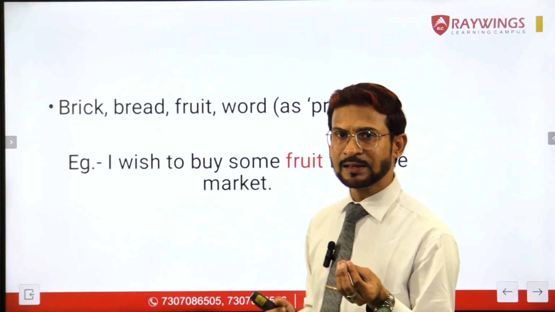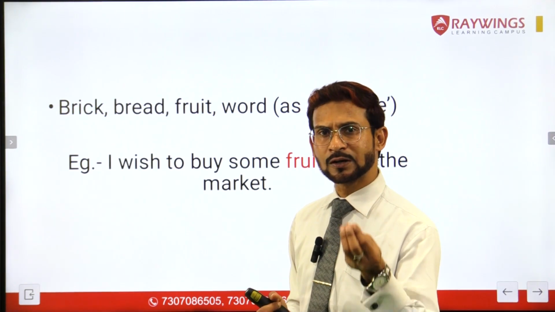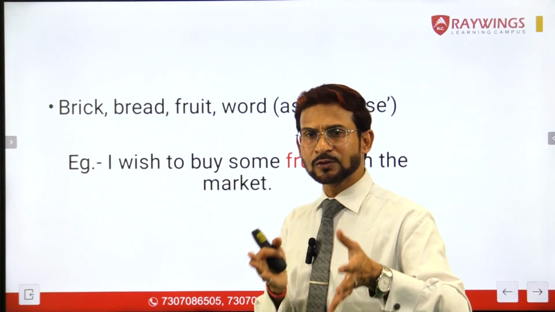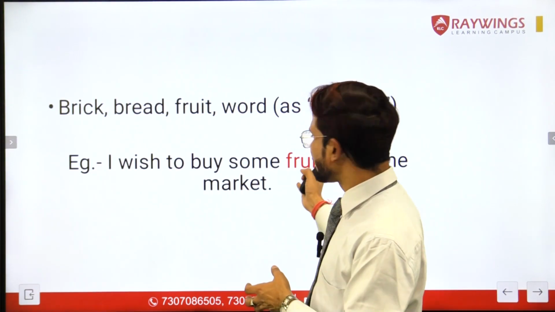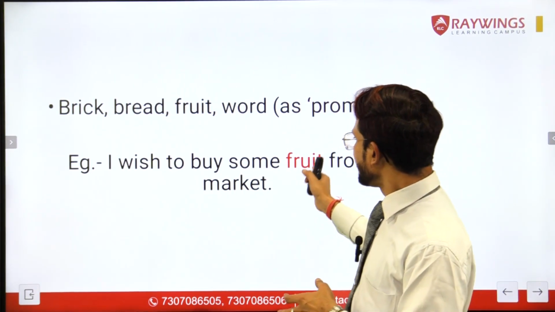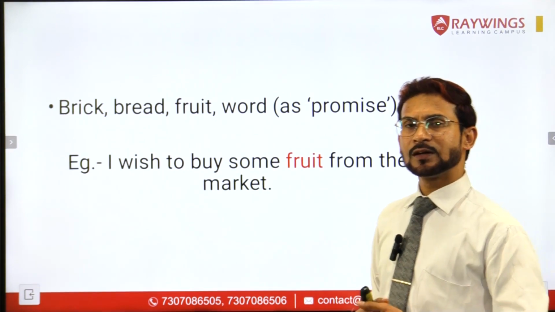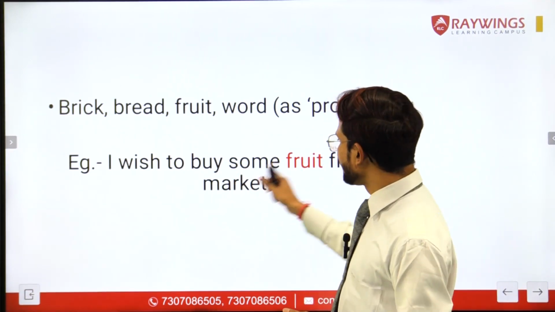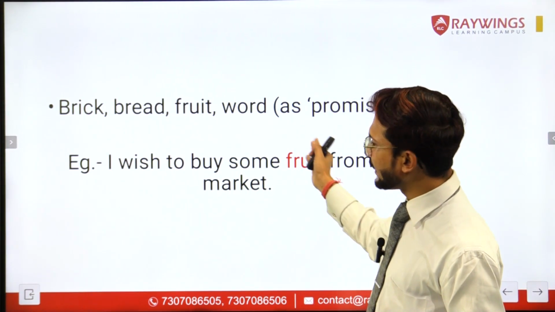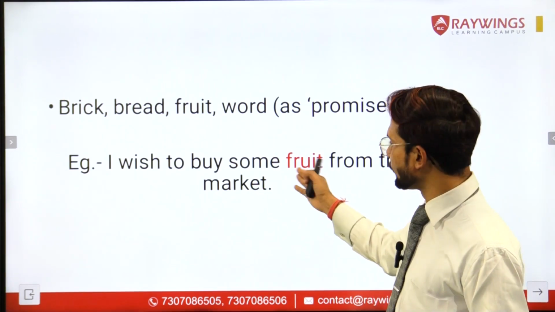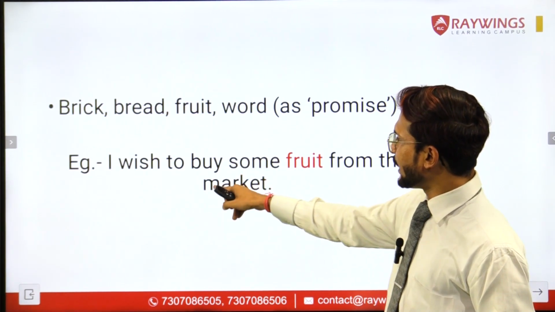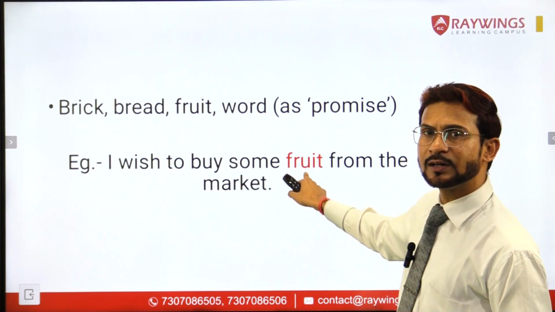But if I buy a single unit of a fruit or multiple units of a single fruit, then it will be referred to as fruit, and it will always have a singular verb after it. So here we do not have a sentence where it is being followed by a helping verb, but here we are using this word in the singular form.